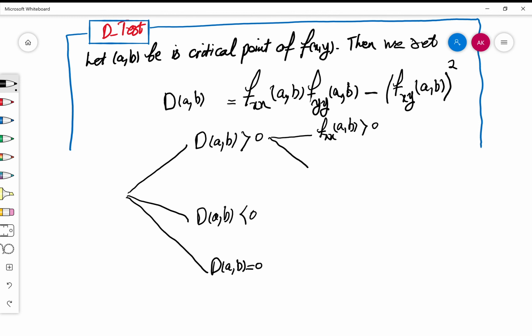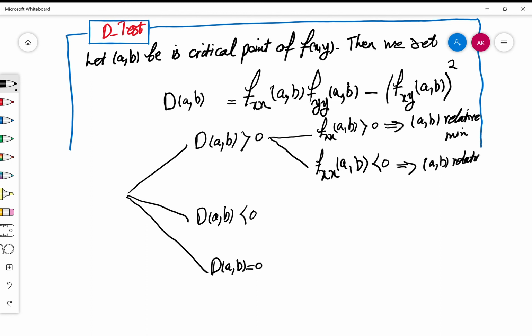Is it a positive number or is it a negative number? If it is a positive number, so D is positive, fxx is positive, then (a, b) is a relative min. If fxx at (a, b) is a negative number, then (a, b) is a relative max.